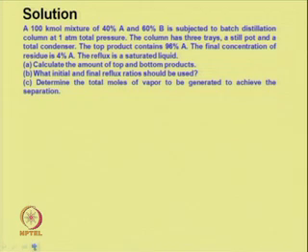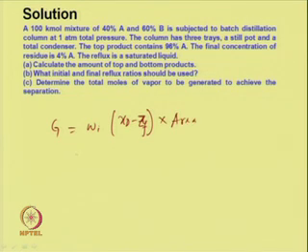So, we can calculate G, which is equal to W_i (x_d minus z_F) into the area under the curve. So, it is equal to 100 multiplied by (0.96 minus 0.4) into 3 units.